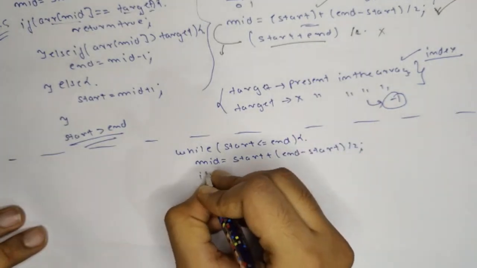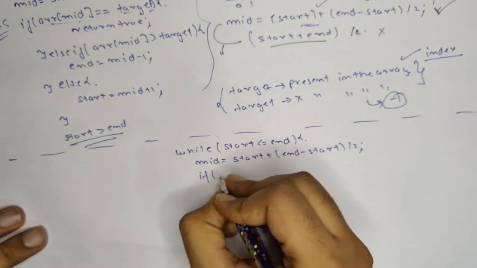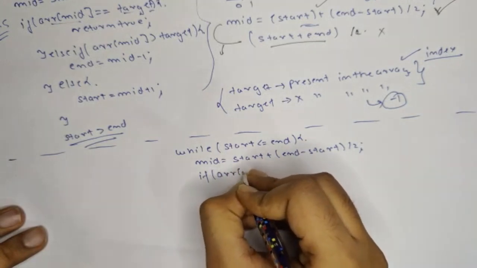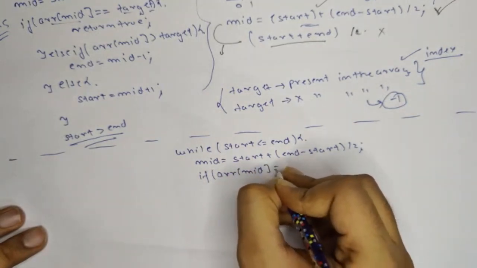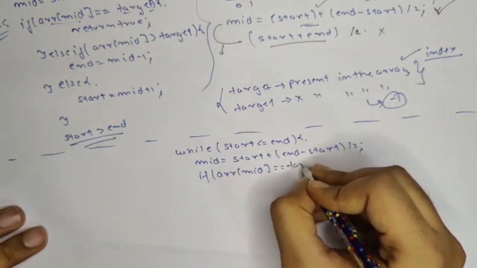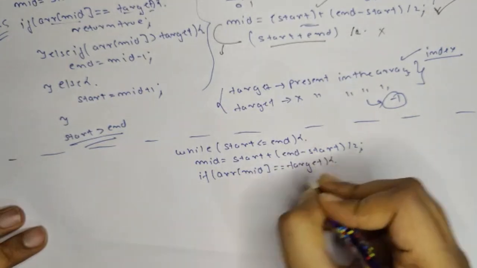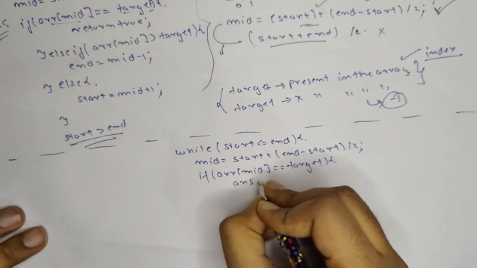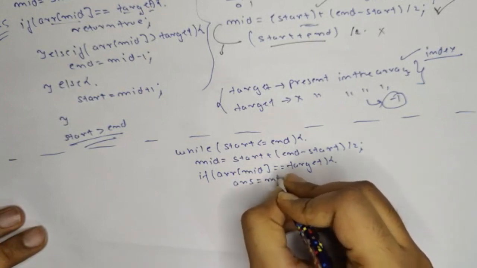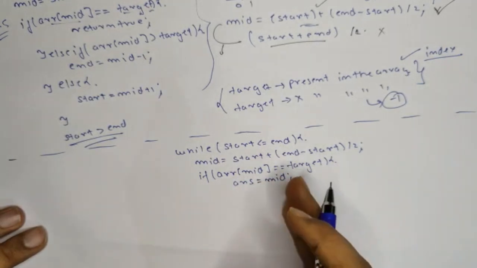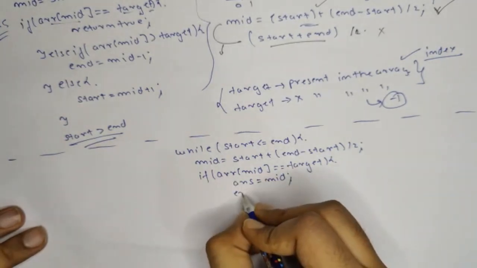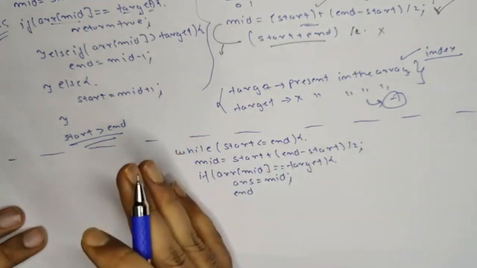Then we check if our mid value is the same as the target value, then we store the result and restrict our search to the first half, because we have to find the first occurrence.